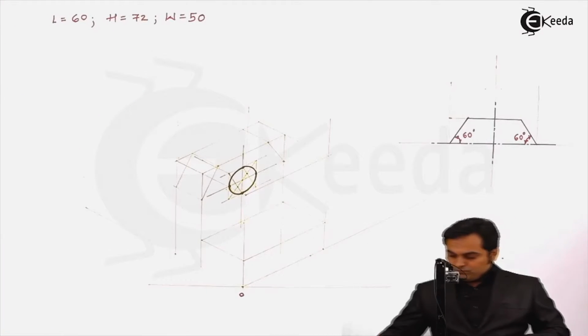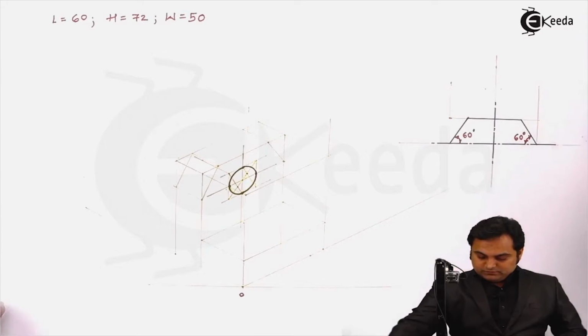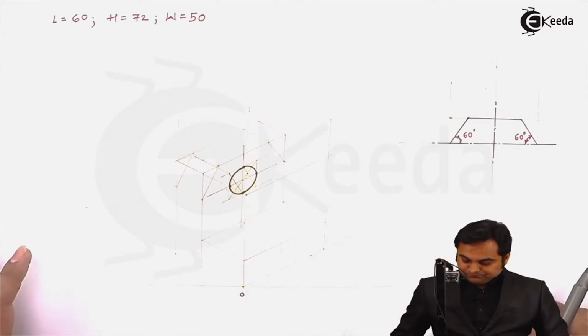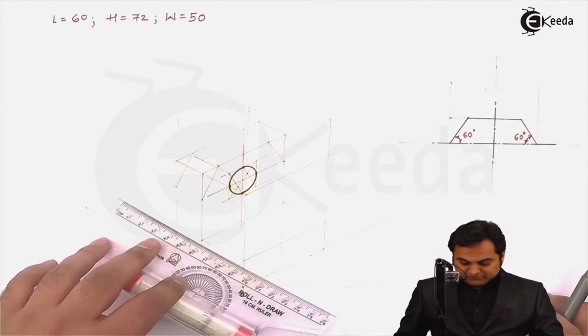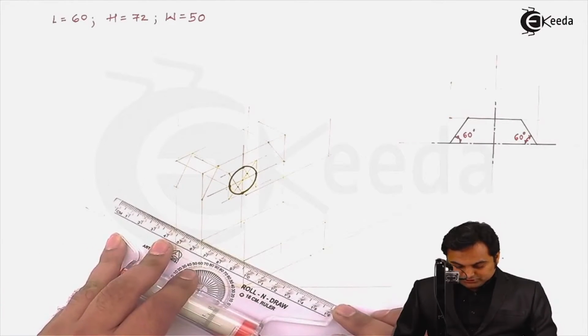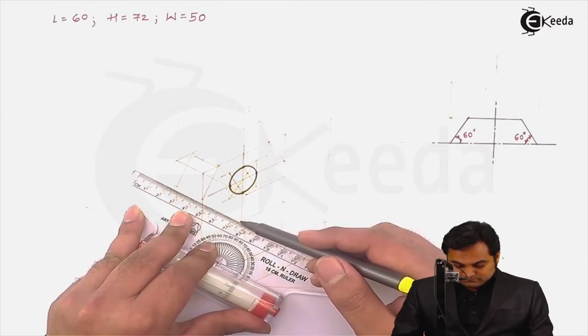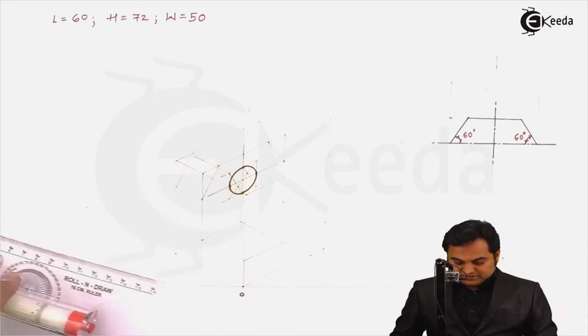So the vertical center line which I have projected, that same will be transferred onto this horizontal surface parallel to the width. It has been transferred.